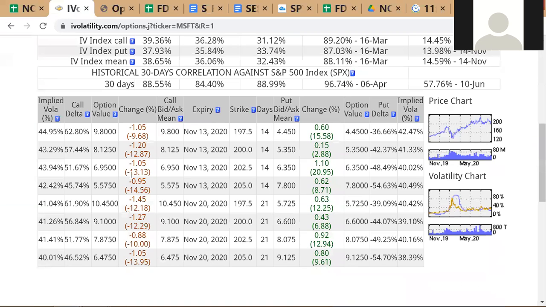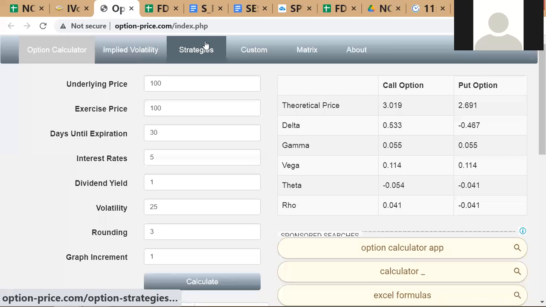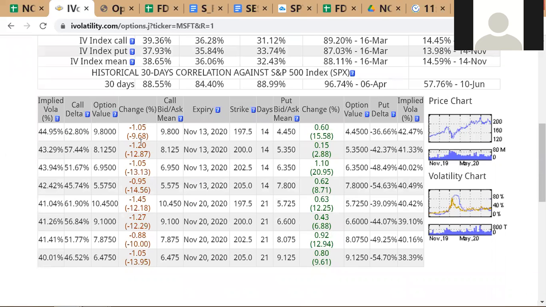So what do I mean by pricing model, why is this not a pricing model? This is not a pricing model because you don't need a model to figure out the price. They're calling it option value here, but it's actually just the price. You can see it's the same thing in both these columns.